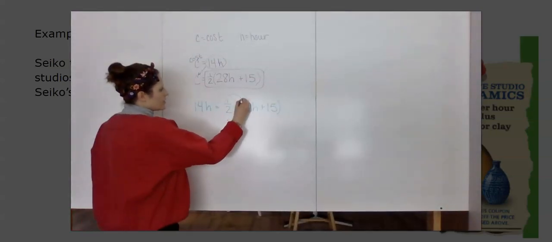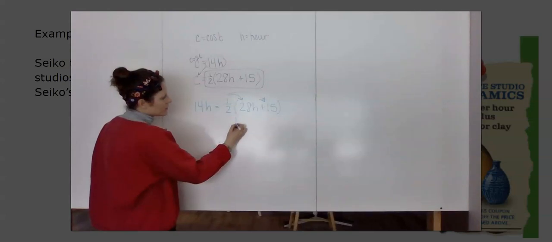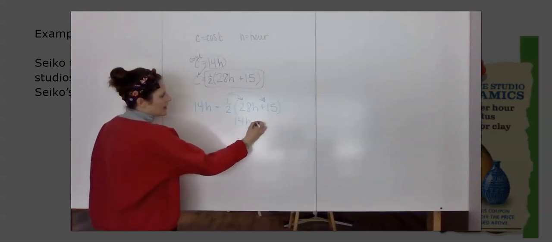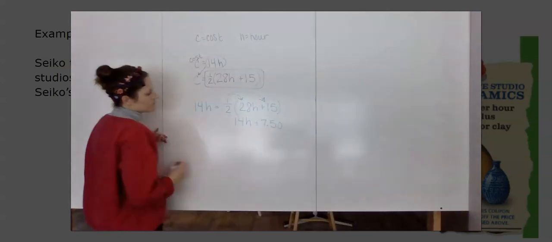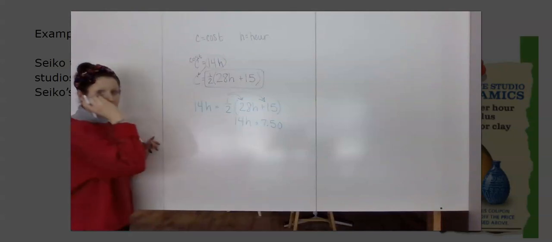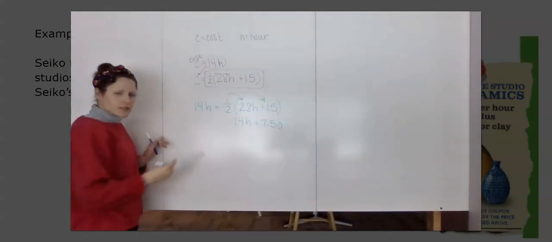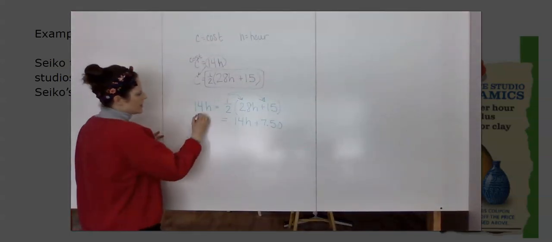All right, looks like first I have to distribute here. Half of 28 is 14, and half of 15 is 7.50. This is the same thing as 0.5 times each of those. And if you're taking 0.5, it's the same as dividing them in half, dividing by 2.